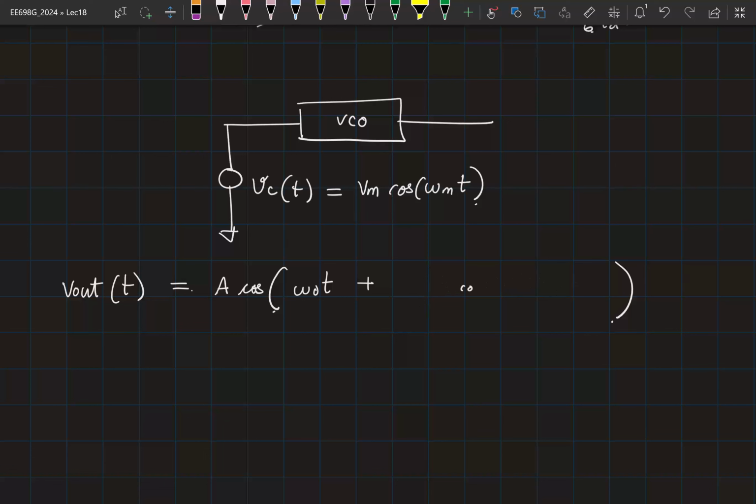And this came out to be kVCO Vm by omega m into sine of omega m t.